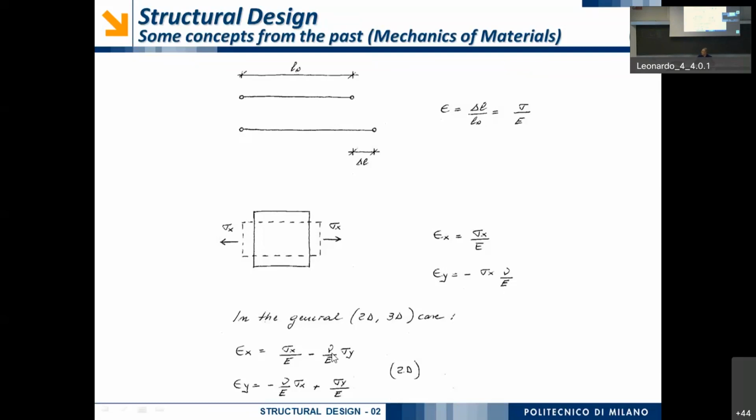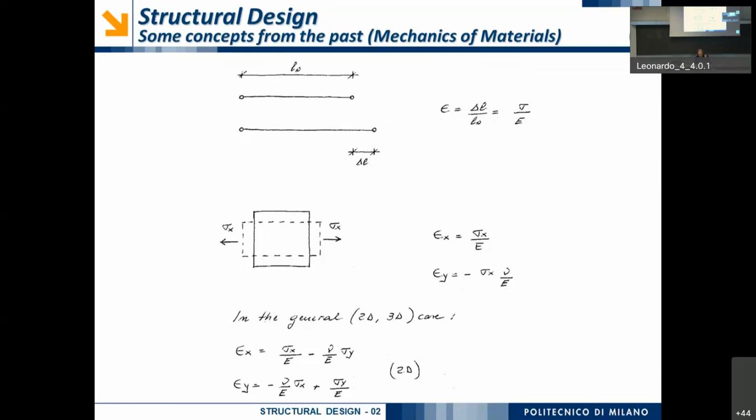So in general, when I apply simultaneously two stresses, one in the vertical direction and one in the horizontal direction, in the horizontal direction I will have a horizontal strain which is equal to the stress in the same direction over E minus the stress in the orthogonal direction over E times nu, and a similar equation also for the other direction epsilon, okay?